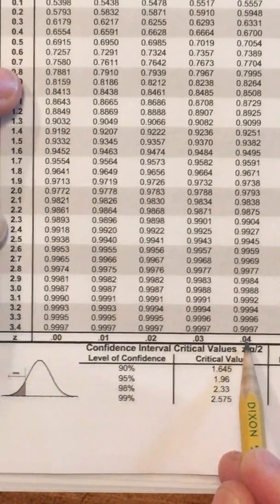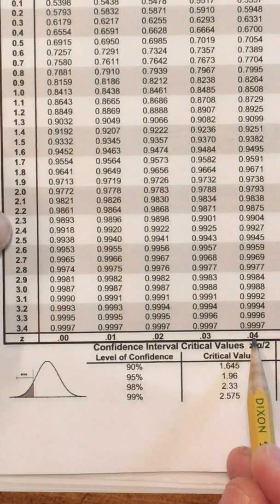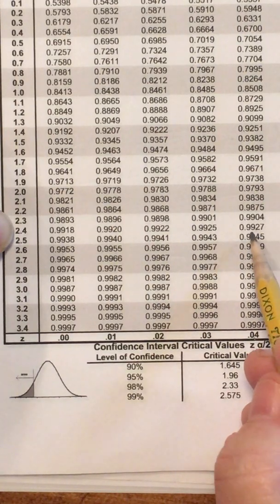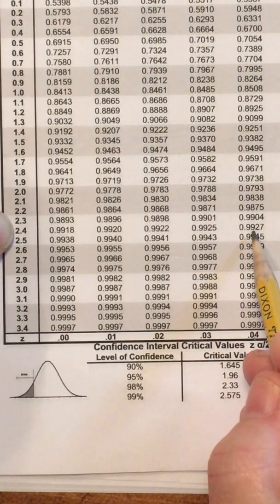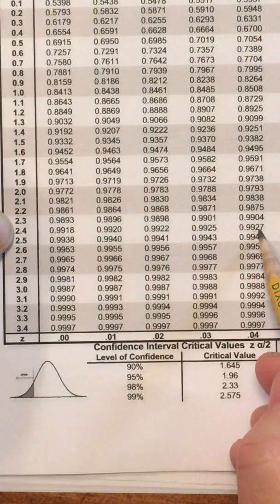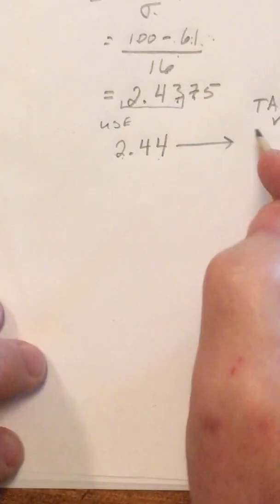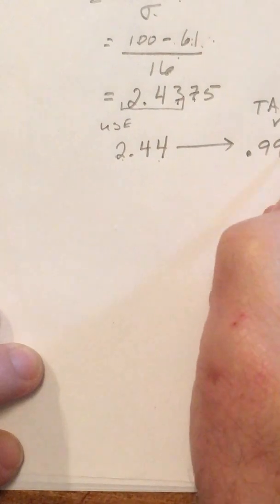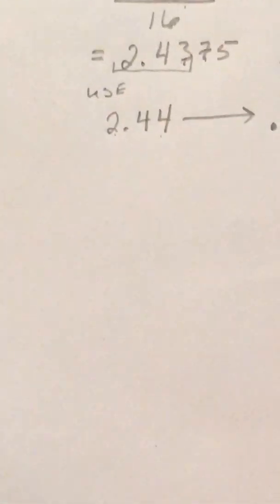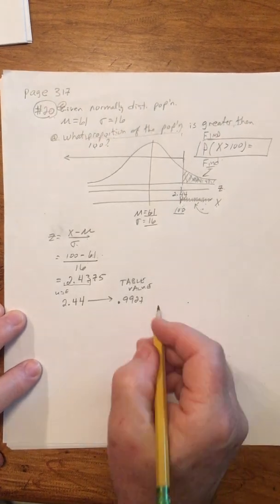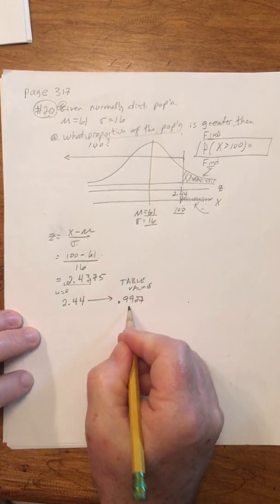Notice I can enter from the bottom because this table is so well designed. 2.44. Our table value is 0.9927. Let's back that out here again. 0.9927 is our table value.